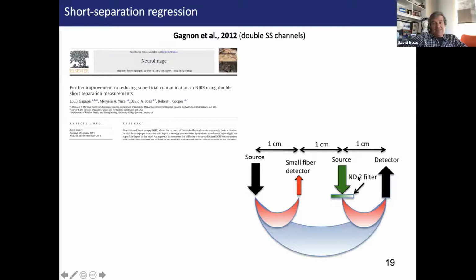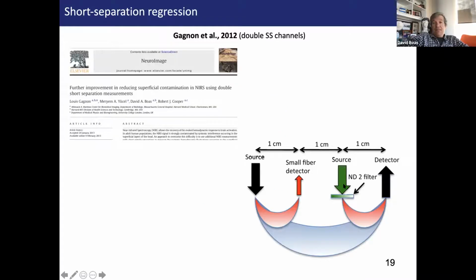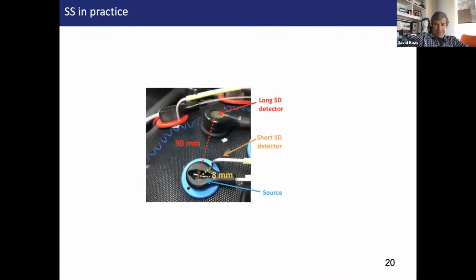We did that experimentally. It was actually much harder to get good signals with the system we were using at that time. One could certainly engineer something more robust, but it proved challenging. At the end of the day, this does give better estimates of the brain activation, but it was just experimentally harder to implement.